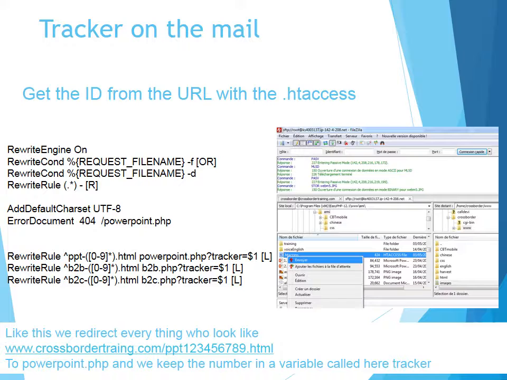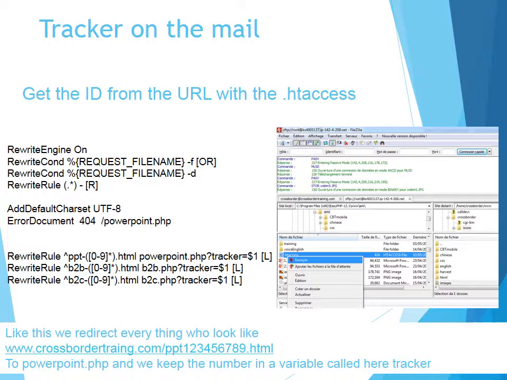Then the most important part: copy all of this, so that you do the rewriting rule, but only if the file doesn't exist. If a file already exists, ignore the rule and use the file, but probably for b2b-99999.html there's no file that already exists.